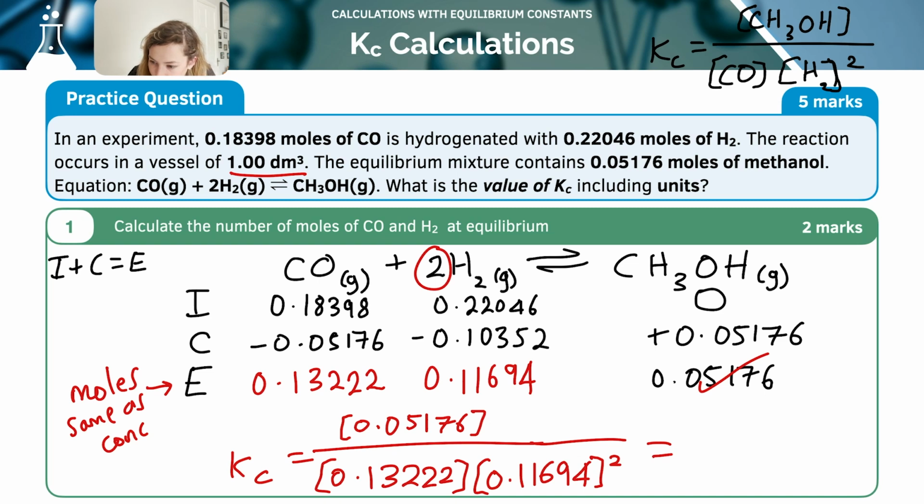When I plug that into my calculator, 0.13222 times 0.11694 squared equals that, and then I do 0.055176 divided by the answer, and I get 28.63.